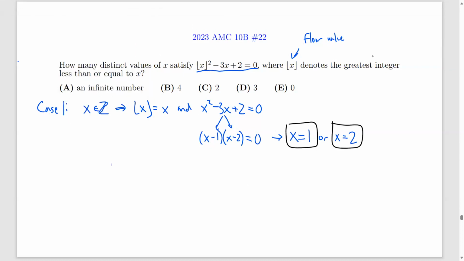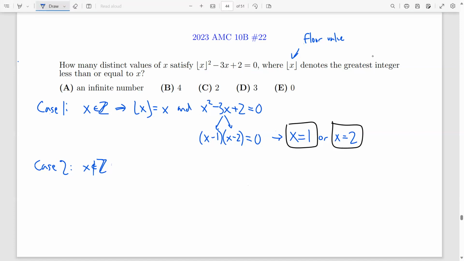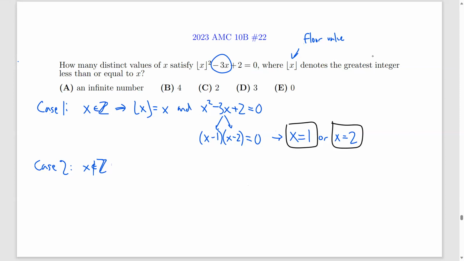Unfortunately, we're not done yet because we need to also check the case where x is not an integer. So for this case, we cannot say that the floor value of x is x anymore. Instead, we're going to look at this expression, minus 3x. It turns out that we can get a bit of useful information from it.